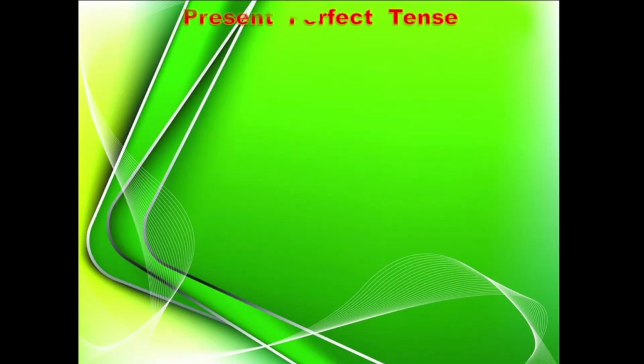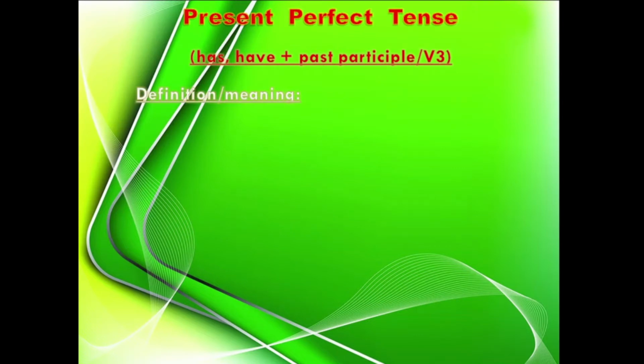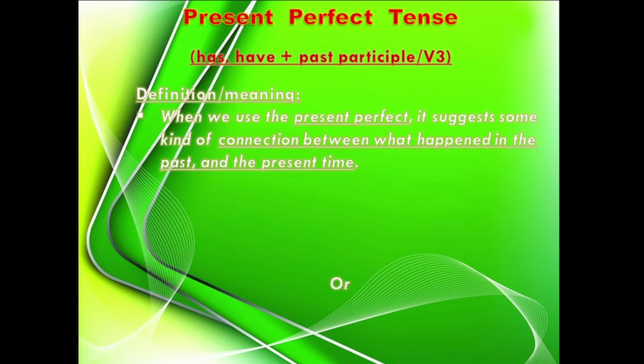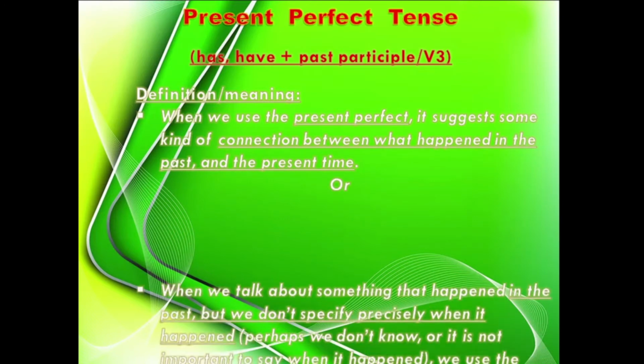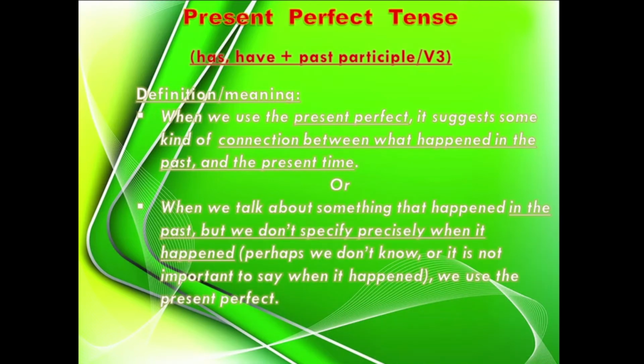In learning this present perfect, we must know its helping verbs: has, have plus past participle, or I call it V3. Now let me explain to you in brief the meaning or definition of this present perfect. Any event or work activity that just finished, maybe within 5 minutes or 10 minutes, is called present perfect.